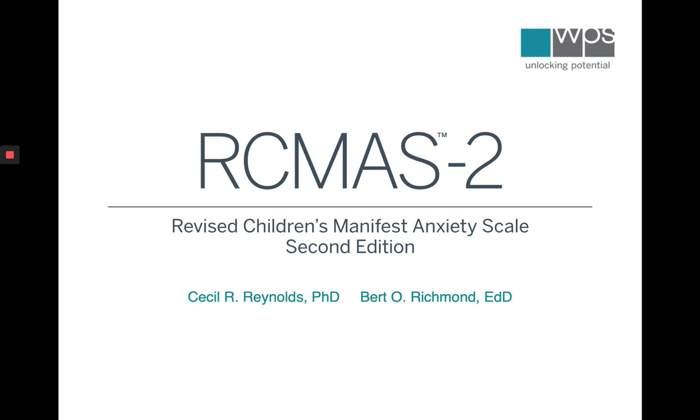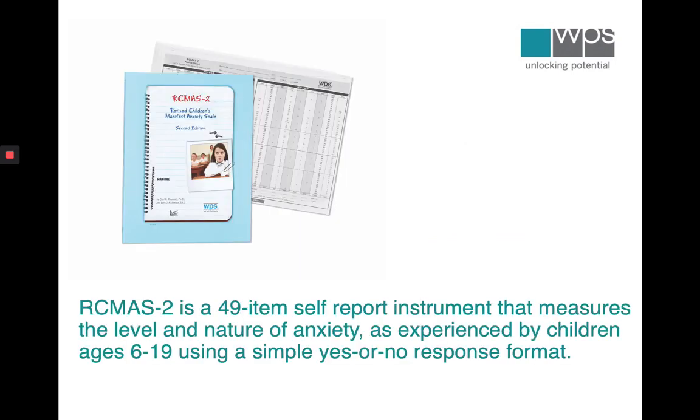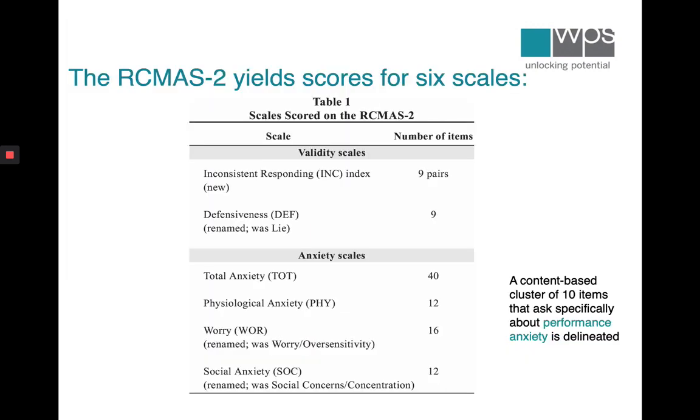The RCMAS-2 is another fan favorite. It's the Revised Children's Manifest Anxiety Scale, 2nd edition. Why most school psychologists like the RCMAS-2 is it's a quick self-report measure of anxiety for ages 6 through 19, and again, a simple yes-no response format.